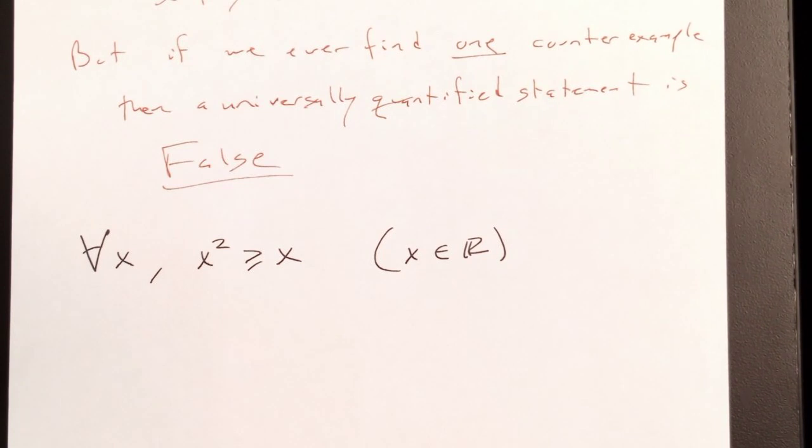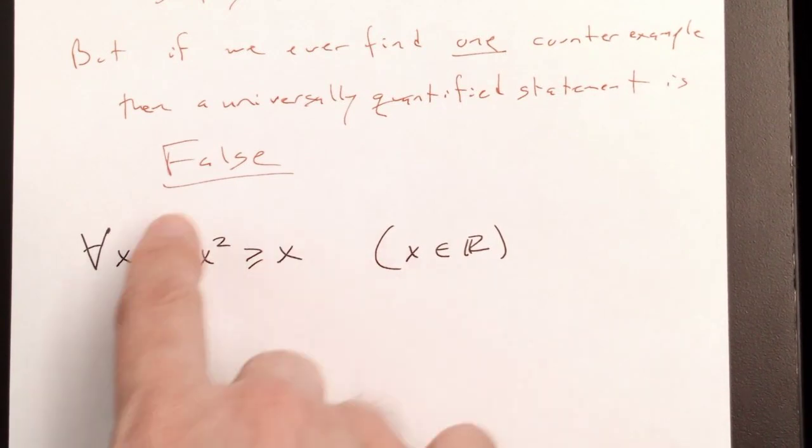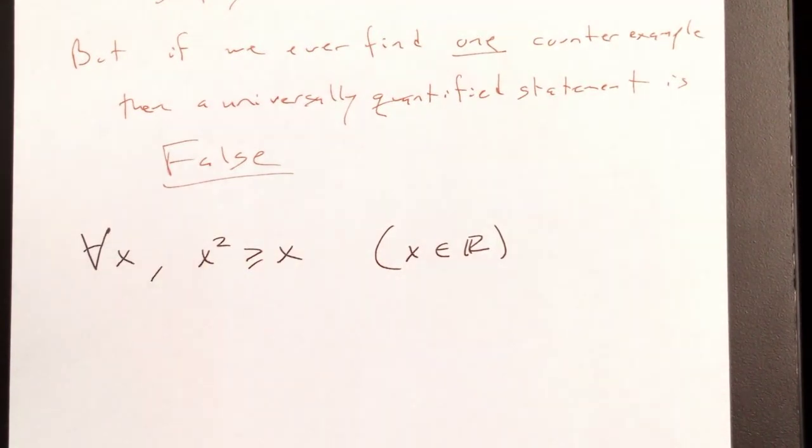That comma is the end of the hypothesis, so this is part of my domain of definition. For all x, we're looking at reals, x squared is bigger than x. There's no if-then. I claim that if you take any number and you square it, it gets bigger. True or false?